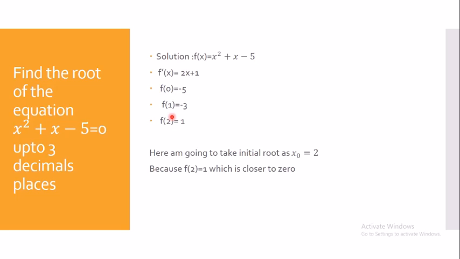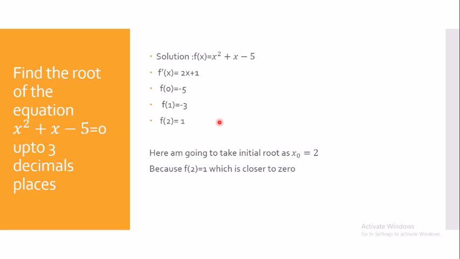Then find out f of 1, so you will get again a negative value. Again go for f of 2, you will get a positive value. Okay, so here you have negative and positive consecutively. You have got the result. So your root somewhere lies between 1 and 2.